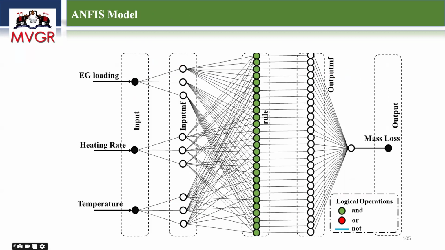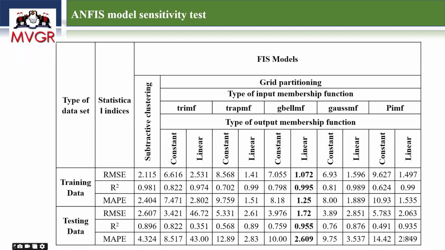Similarly, for this TGA data we are also using the ANFIS model, with percentage of expanded graphite, heating rate and temperature. We already spoke about this ANFIS model. Here also mass loss is predicted.